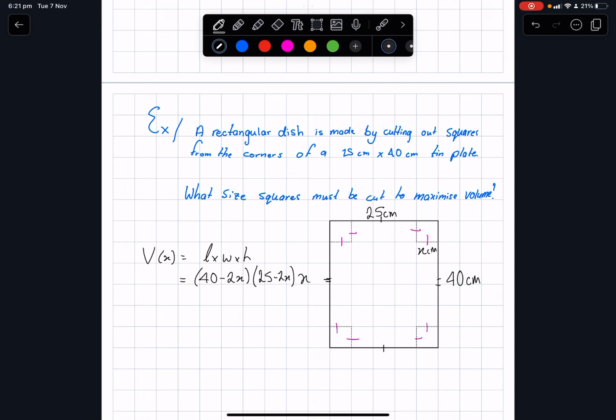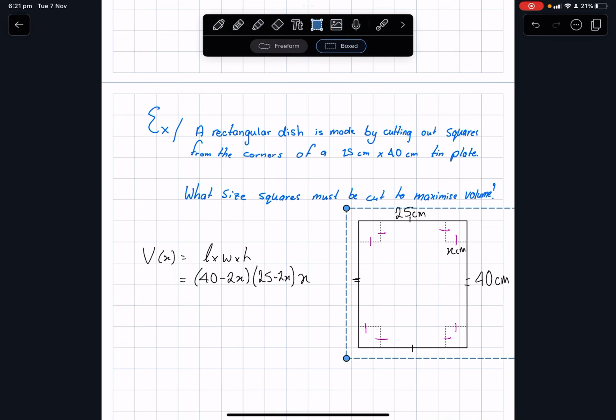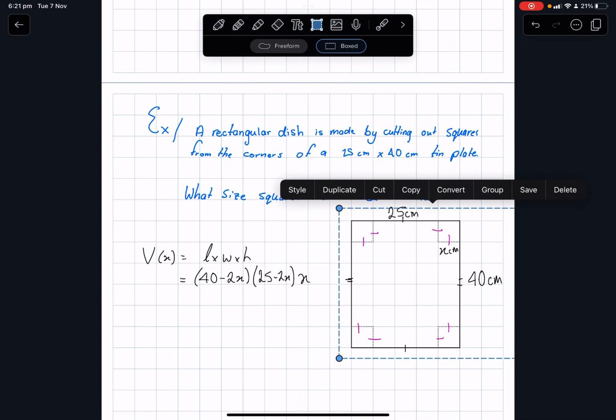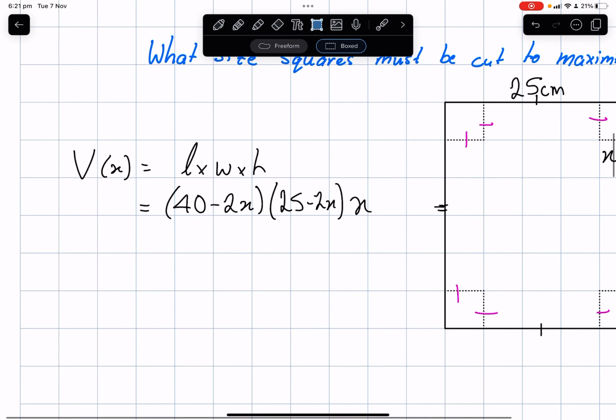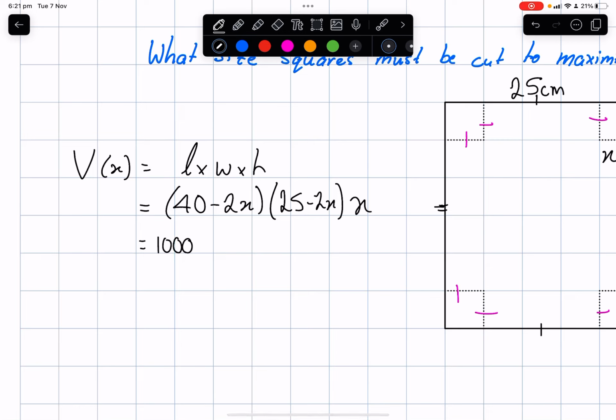Okay, so what I want to do is multiply all of this through, and I might move my diagram across a little bit just to give me a bit of breathing room. So I want to expand this out because I want to take the derivative of this. I want it in single term form that I can apply the power rule to. So we're going to expand this out. So we're going to FOIL it. So I've got 40 times 25, which is 1,000.